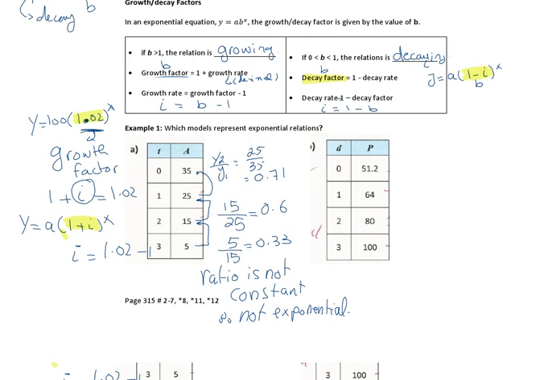So let's do the ratio here. y2 over y1. 1.25. Right, it's not 1. And the first one won't be 0.66. This is wrong. 0.66.